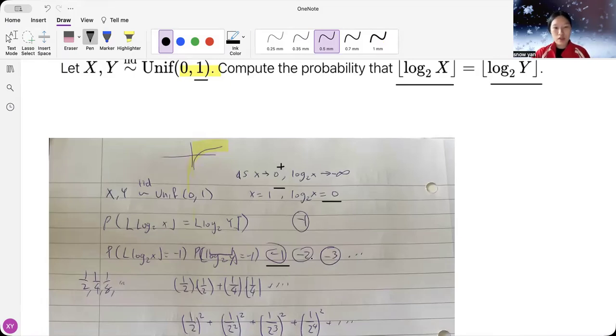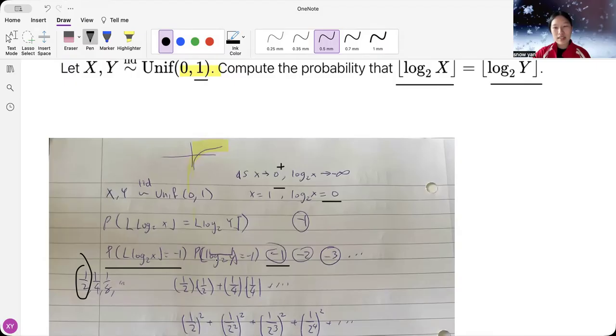Now we calculate the probability that it equals negative 1. To make log base 2 of x equal to negative 1, x has to be 1/2, so that would be the chance of this.